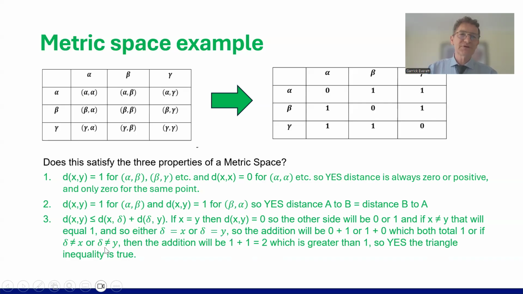So let's suppose delta equals z, and you had to go from x to z and then from z to y. So delta is somewhere else in the field. Then the addition will be 1 plus 1 is 2, which is greater than 1. So yes, the triangle inequality is true. So they're the two different choices you can have in proving the triangle inequality. And they would be the three properties you would show, very straightforward logic, that it does satisfy metric space.